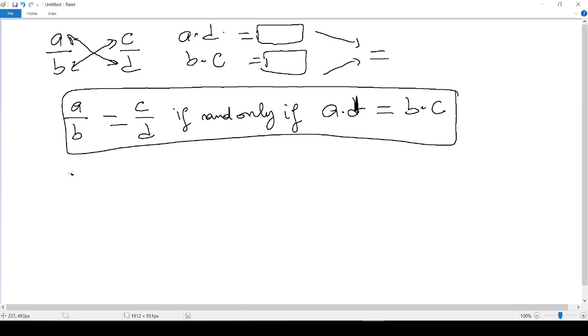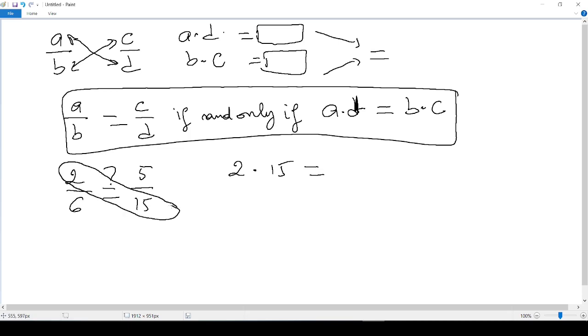And we have 2/6 and 5/15. The question is, are these two fractions equivalent? Are they equal? We don't know yet. How do we verify and finally find a conclusion? So we cross multiply. The first thing we will do is 2 times 15, which is 30.